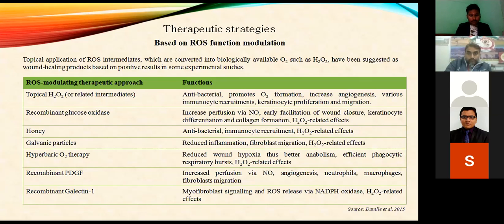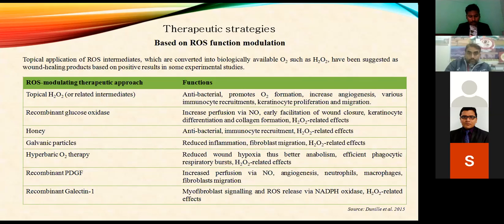It causes keratinocyte proliferation and migration, leading to normal wound healing. Recombinant glucose oxidase increases the perfusion of blood vessels via nitric oxide, facilitates wound closure, keratinocyte differentiation and collagen formation, and has hydrogen peroxide related effects. Honey is a good antibacterial agent.